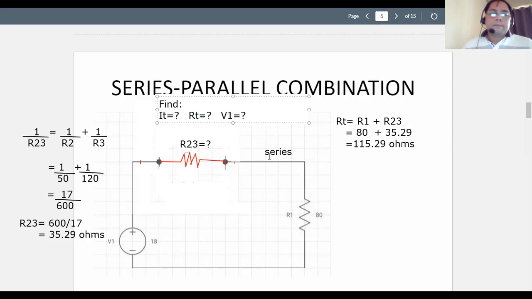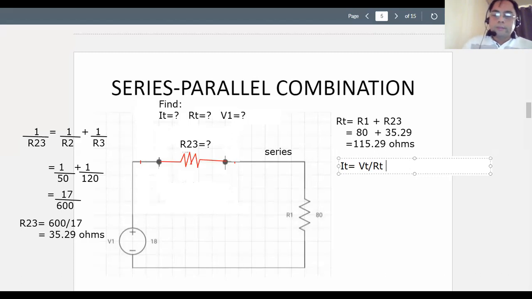Now let's calculate this one. Calculating for the first required value, since we already solved the total resistance, let's go for determining the total current, I sub t. We will divide the total voltage, which is 18 volts, by the total resistance, which is 115.29.